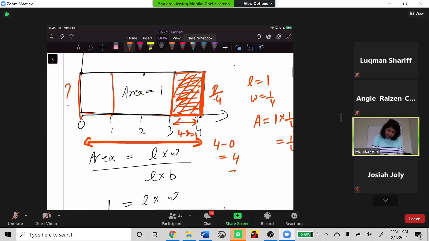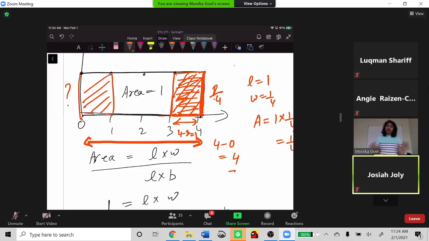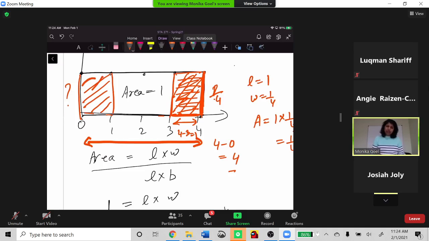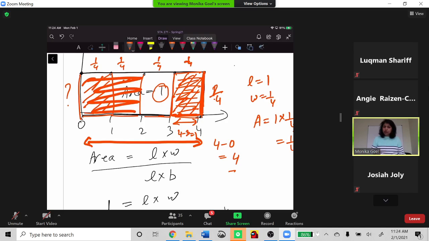Similarly, can we find the area of this part? Yes. And without solving anything, can we tell how much is that? Yes. If I'm looking at this particular example, I know that I'm dividing into 4 equal parts, 0 to 1, 1 to 2, 2 to 3, 3 to 4. And if 1 is 1/4, each of them is 1/4 to make the area under the curve 1 whole, right? So when I'm dividing into 4 equal parts, it's easy for me to calculate. I can say the area of this is 1/4. And if I'm looking for the area of this one, it's 1/2.